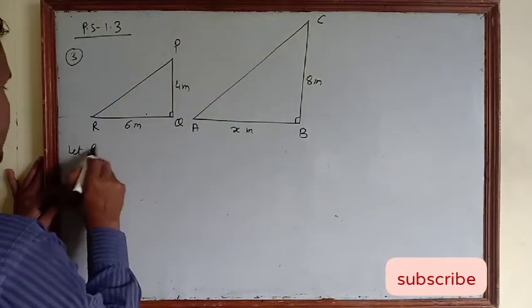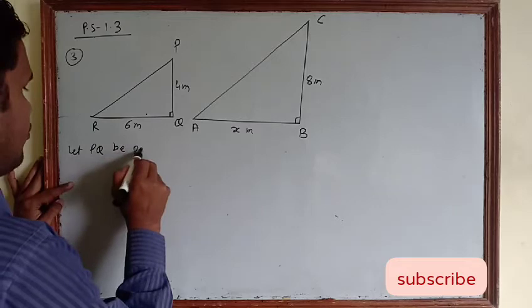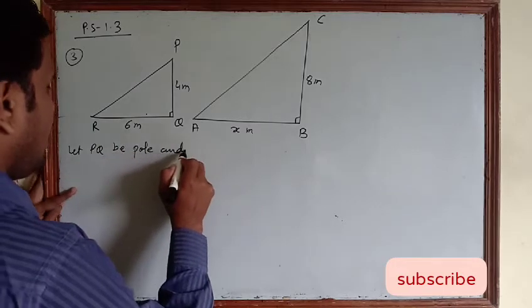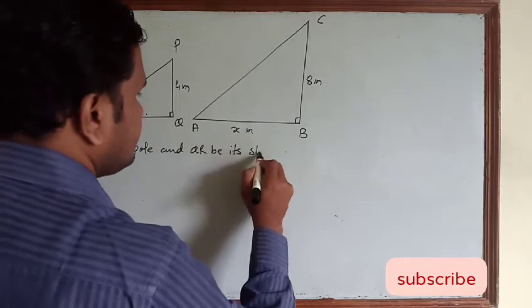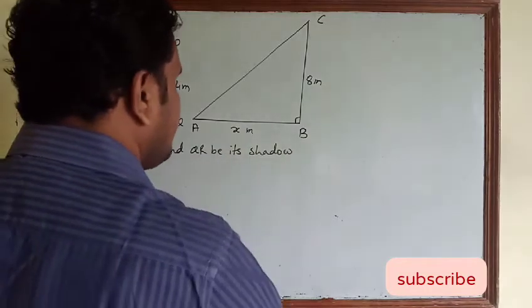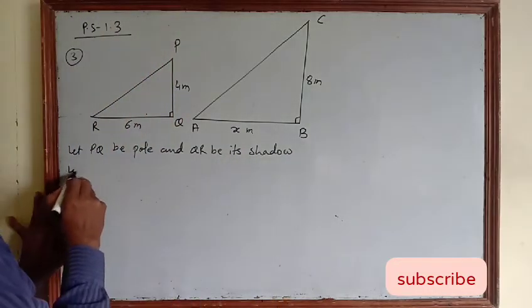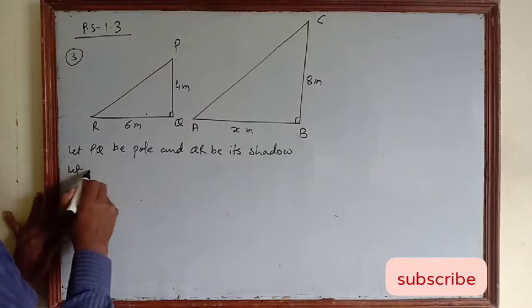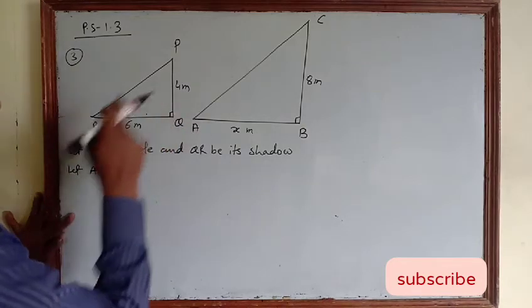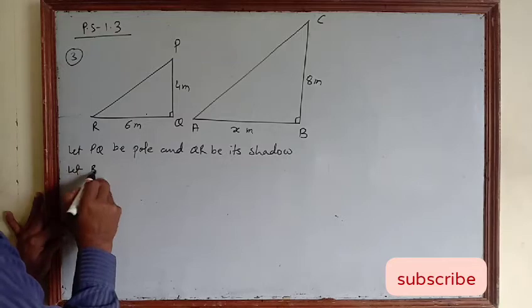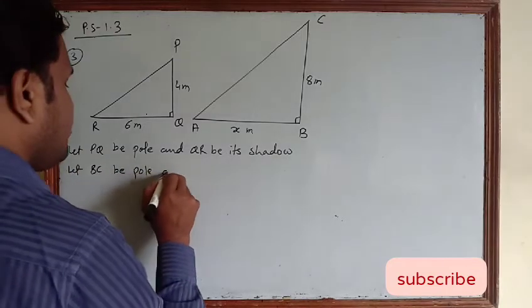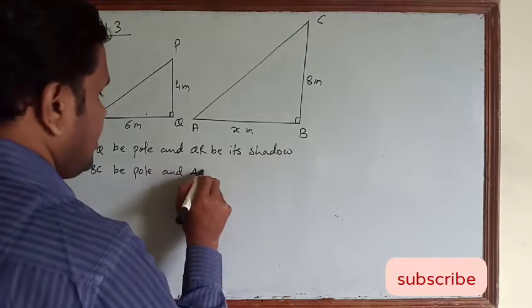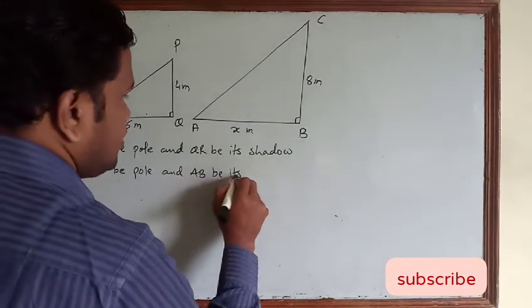Let PQ be the pole and QR be its shadow. Let BC be a pole, and AB be its shadow.